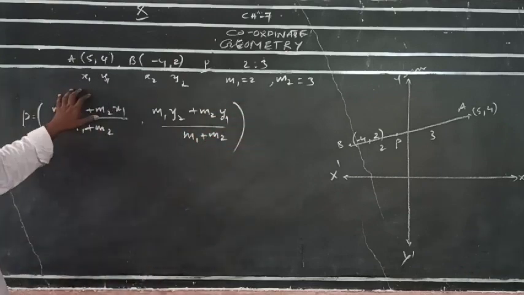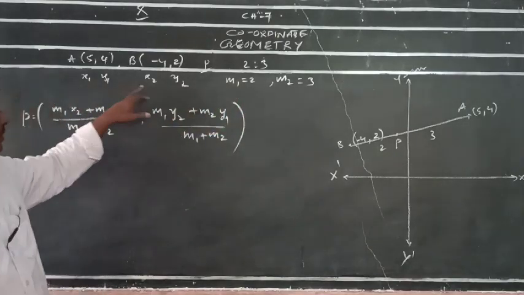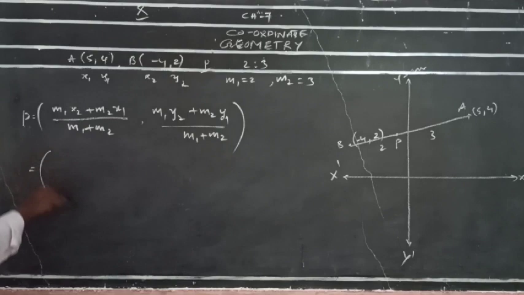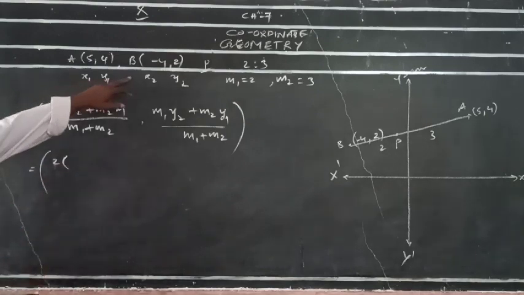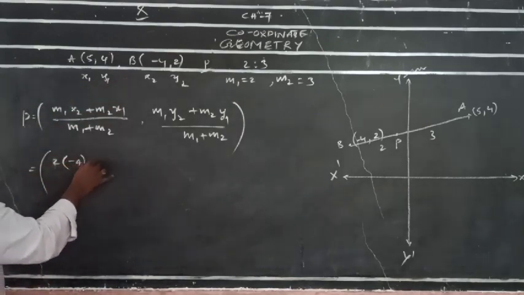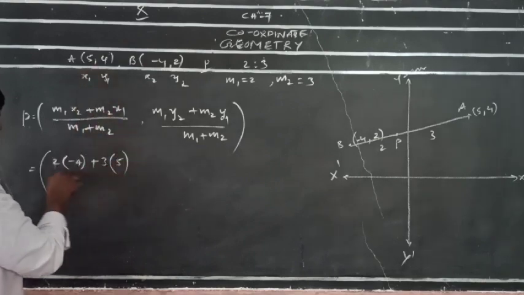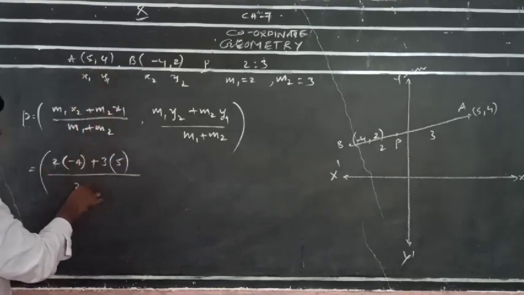We have every value, that is the x1 value, y1 value, x2 value, and m1 and m2. Just substitute them. So m1 is 2, x2 is -4, plus m2 is 3 and x1 is 5, and m1 plus m2 is 2 plus 3.